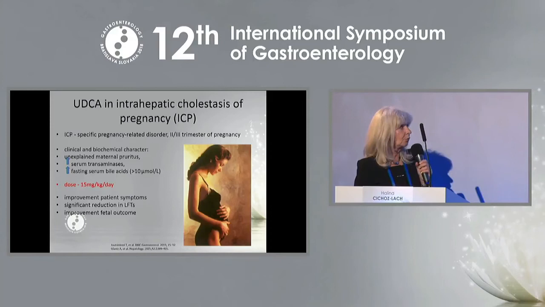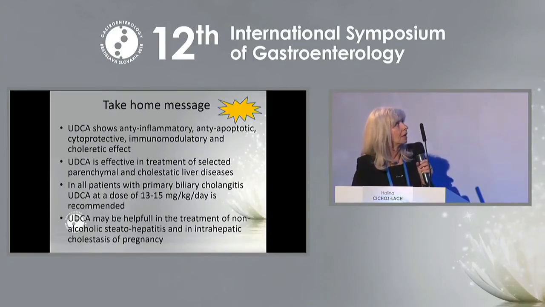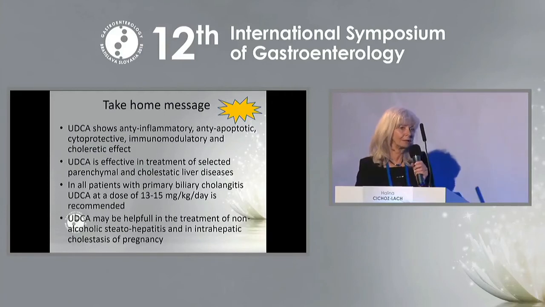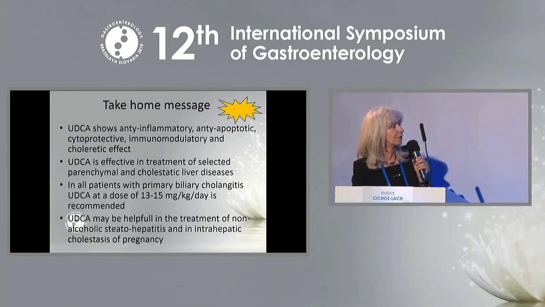And now I would like to summarize and present the conclusions. Firstly, UDCA shows anti-inflammatory, anti-apoptotic, cytoprotective, immunomodulatory and choleretic effects, is effective in treatment of selected parenchymal and cholestatic liver diseases, is recommended in all patients with primary biliary cholangitis, and may be helpful in the therapy of non-alcoholic steatohepatitis and intrahepatic cholestasis of pregnancy.